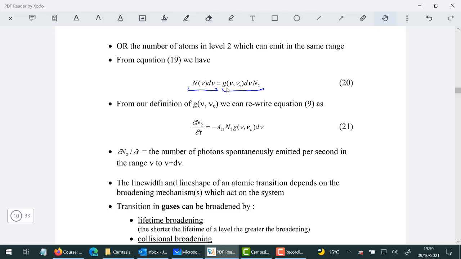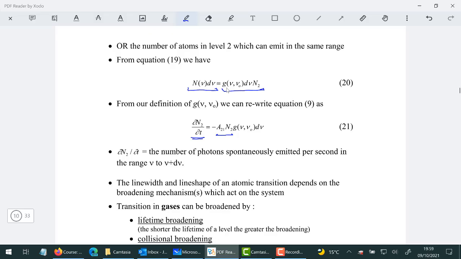Now, the definition that we had of the spontaneous emission was that the rate of change of the number of atoms in level 2, dN2 by dt, was minus A2 times N2.